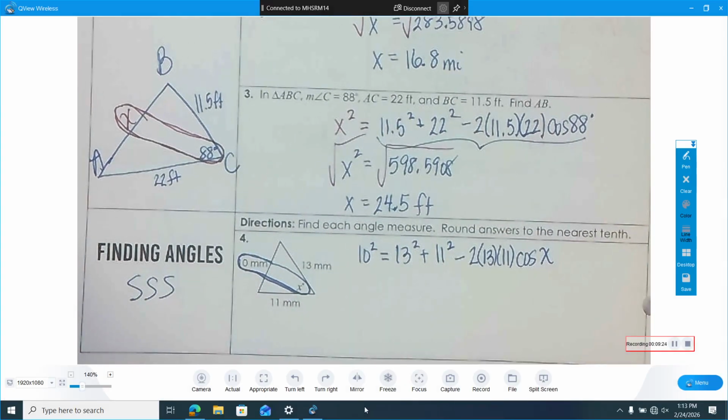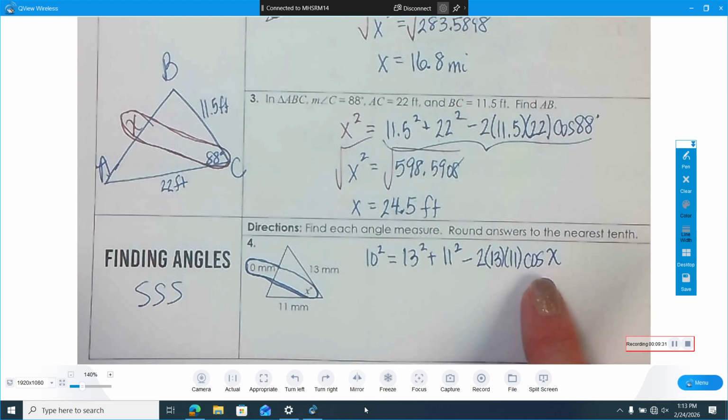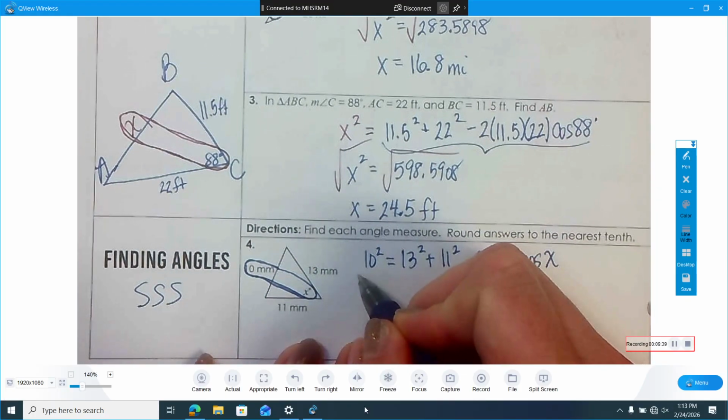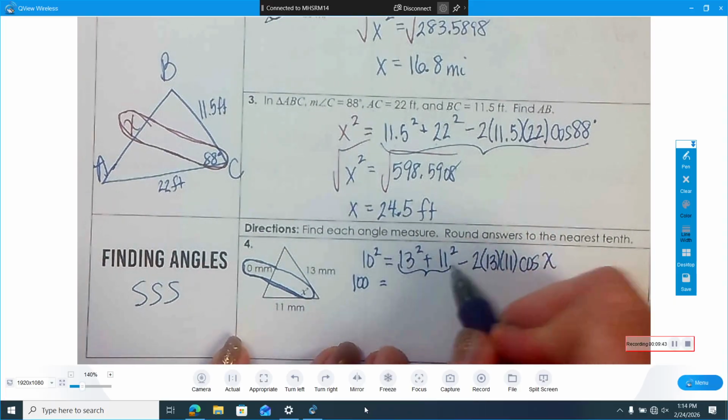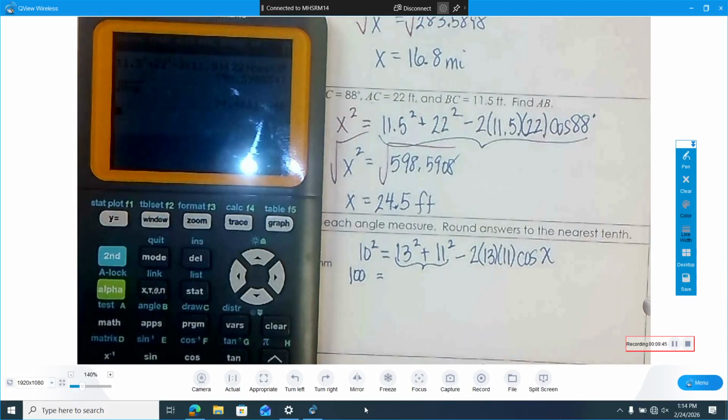Now, this one is different. This one requires a lot more effort here. We have to go about trying to isolate the cosine of x. So we have to push everything over. All right? So I've got to do some cleanup here. 10 squared is 100. Can I go ahead and put 13 squared plus 11 squared in? Yeah.